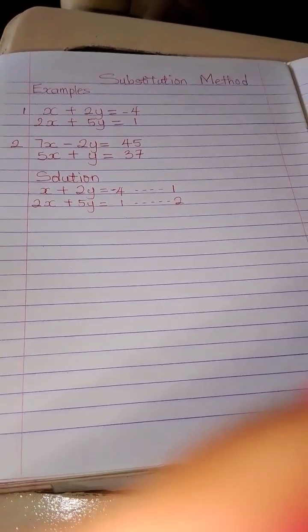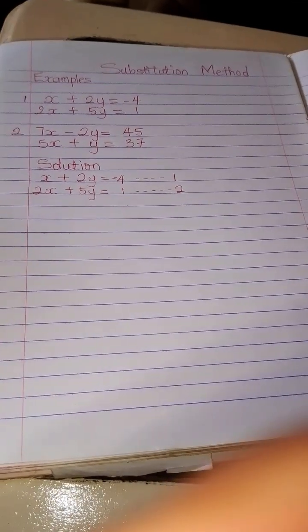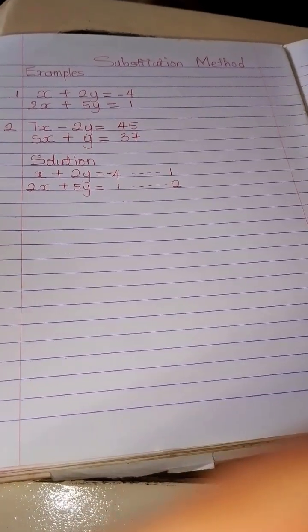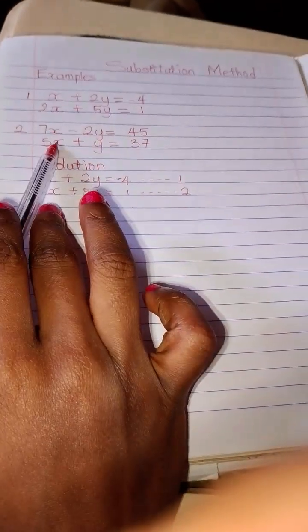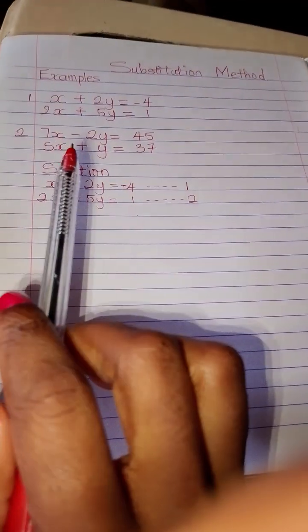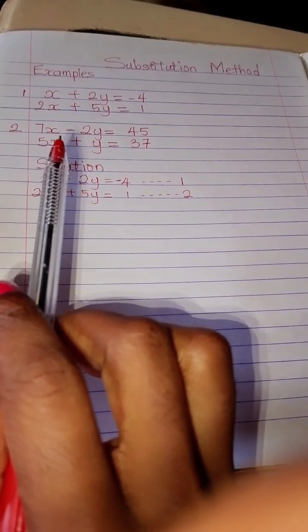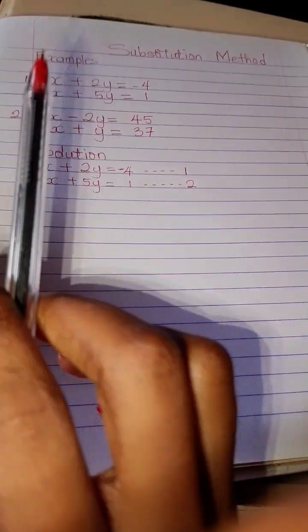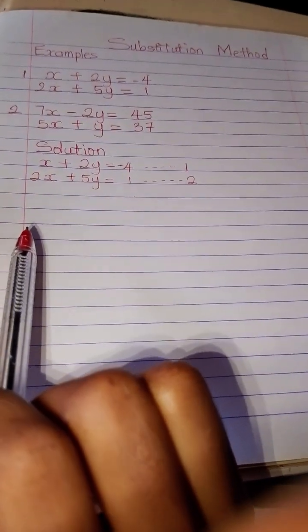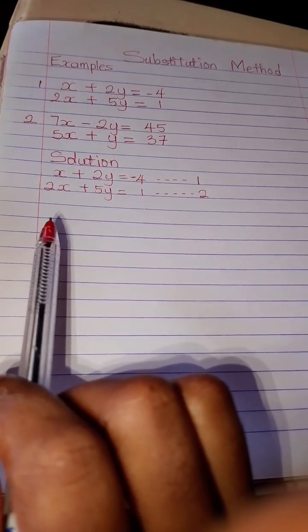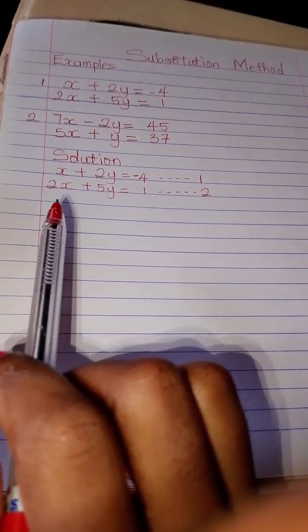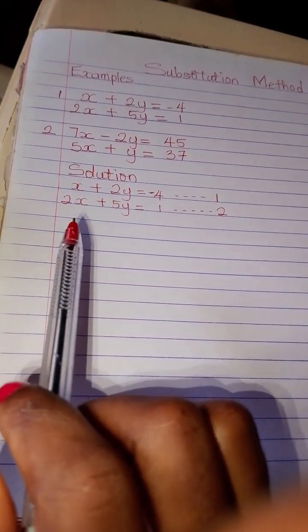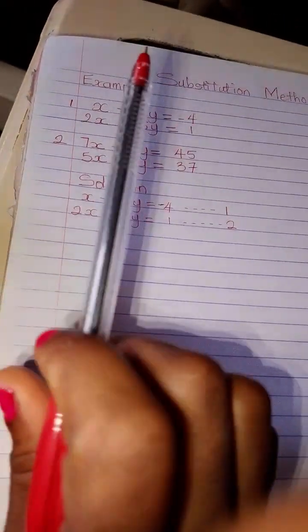Without wasting much time, let's go on to apply the substitution method to these two examples here, example 1 and example 2. It's easier and much more convenient to apply the substitution method to simultaneous equations in which a particular variable has a coefficient of 1 or minus 1.